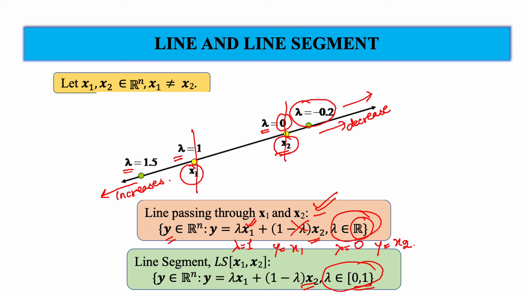This is the line segment equation, and this is the line equation where lambda can be any real number. Any point on the line segment will have a lambda, but it should be between 0 and 1. So that's the basics about line and line segment.